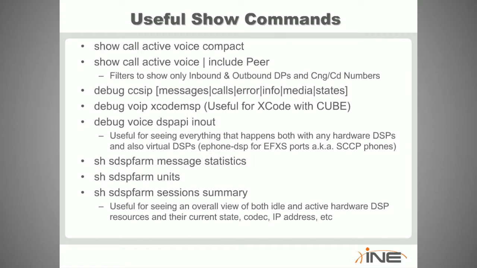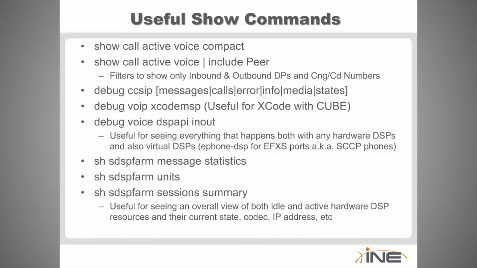So useful show commands for today. Some that we mentioned in last module, 15, such as show call active voice compact, show call active voice, not compact, but pipe to include peer, or even peer ID, but peer will give us everything peer ID will, plus a little bit more. Debug CCSIP messages, typically. Sometimes we'll debug other things.